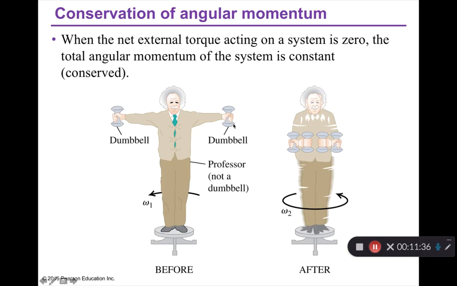If he pulls those dumbbells in closer, he's changed his moment of inertia. He's made his moment of inertia smaller, which then must make his angular speed bigger to conserve angular momentum. It's the same thing that happens with ice skaters. When they are doing one of their spins and they pull their arms and legs in closer, they'll spin faster.